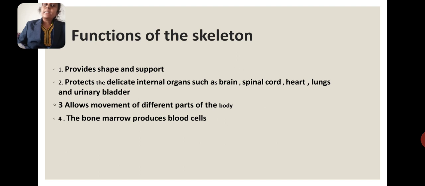Understood? So these are the 4 main functions of our skeletal system: giving shape and support, protecting us, allowing movement, and the production of blood cells in the bone marrow. I hope you understood.